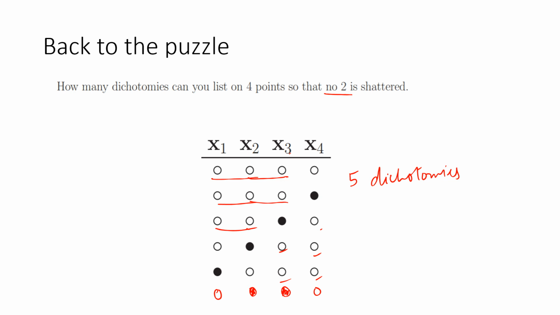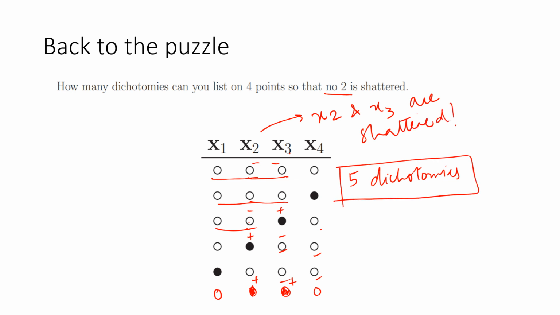Okay, so now if we look at every pair of points, x1 and x2, oh well, there is a repeat here. Yeah, so x1 and x2 is not shattered. Let's look at x2 and x3. So we have a negative, negative. Okay, that's a repeat, that's fine. Negative, positive, positive, negative, and positive, positive. Okay, so here x2 and x3 are shattered, which we don't want, right? So that means the answer to this question is 5 dichotomies.